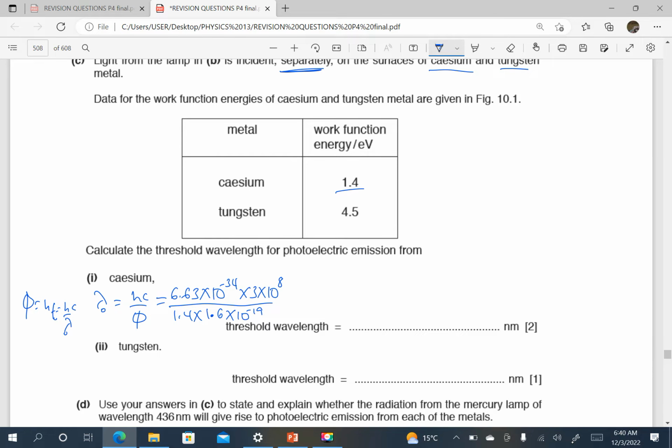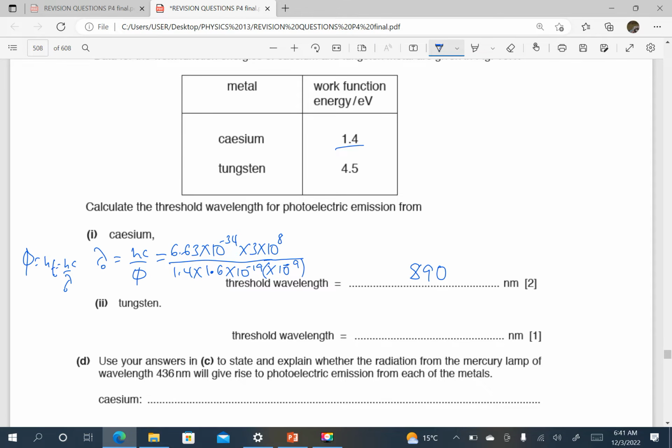I have straight away converted to nanometers, and this is approximately 890 nanometers. Remember, when I change to nanometers, I divide by 10 power negative 9 to change it to nanometers.